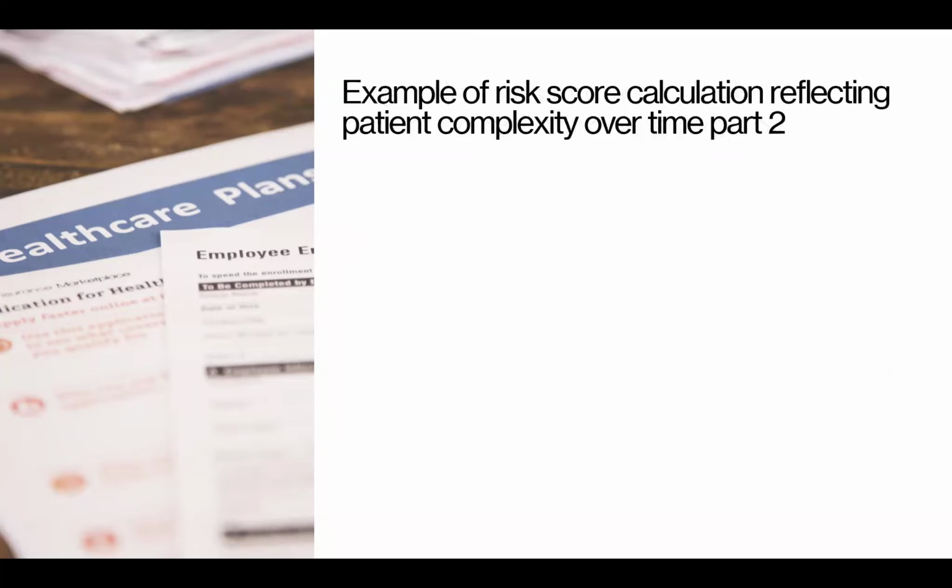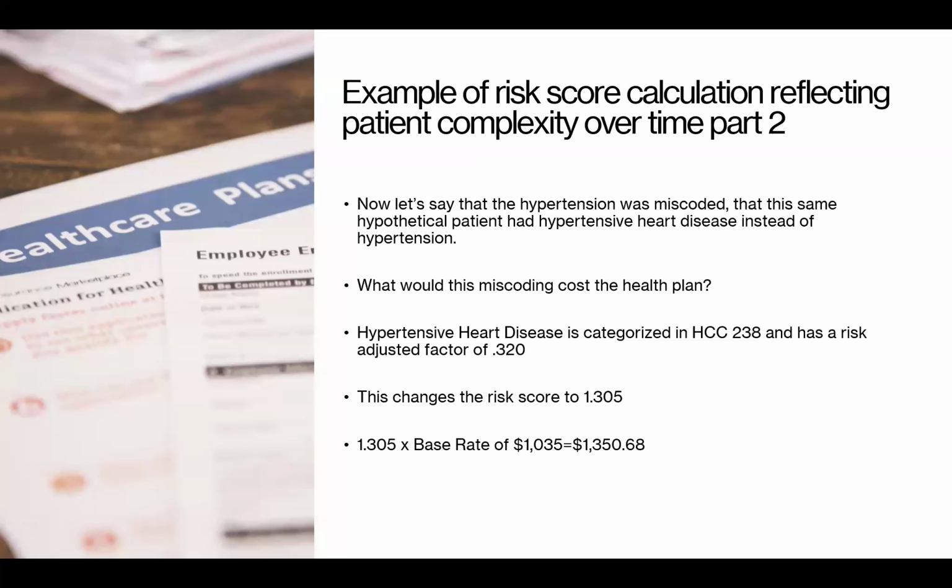Here's the effect of where coding accurate ICD-10-CM codes matter. Let's say the hypertension was miscoded and that instead this hypothetical patient had hypertensive heart disease instead of hypertension. What is this miscoding going to cost the health plan? It's going to cost the health plan a lot because hypertensive heart disease is categorized in HCC 238.